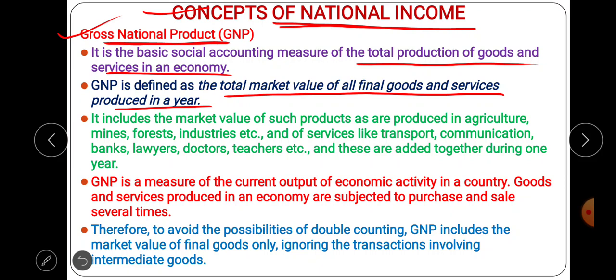So, GNP is nothing but the total market value of all final goods and services produced in a year.